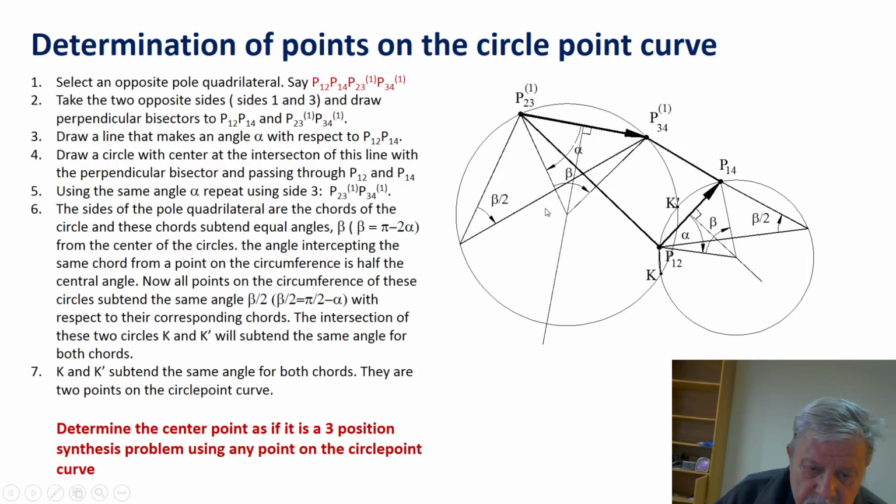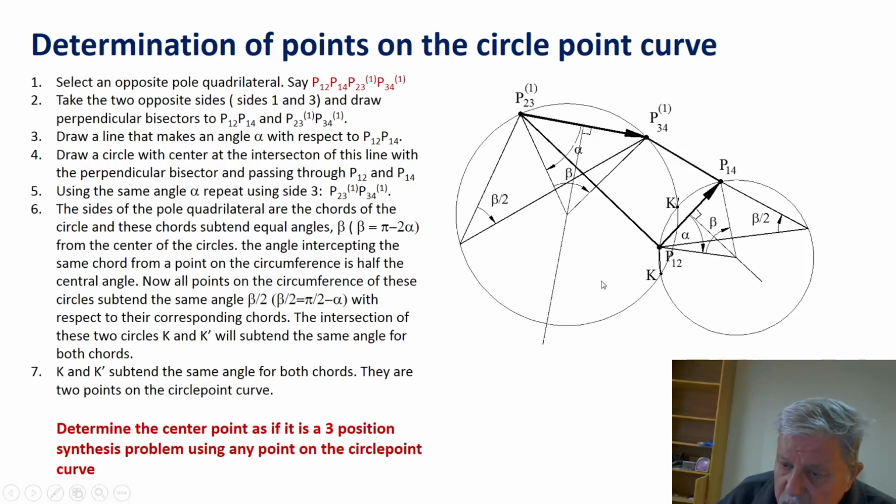Now, all points on this circle subtend the same angle, since the central angle and chordal angles are related by halves of the central angle. The chordal angle is half the central angle. This angle is beta over 2. Similarly, this angle is beta over 2.